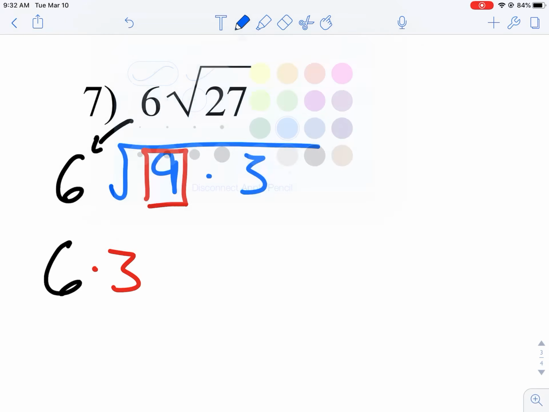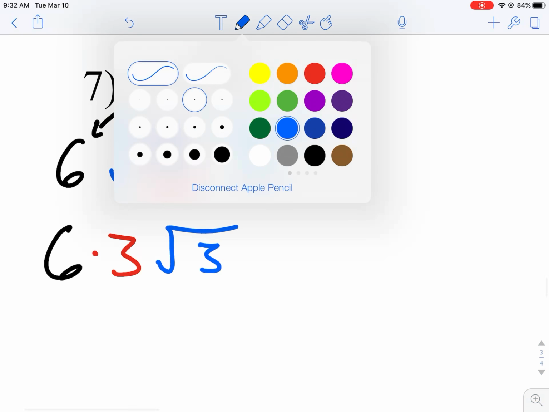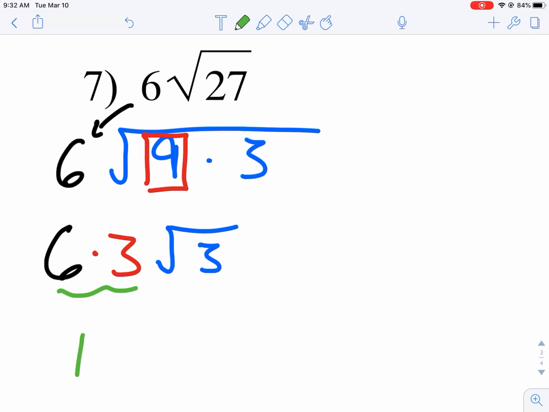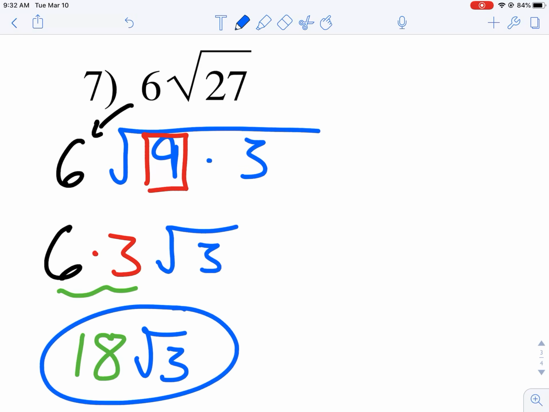And then I'm still left with the square root of 3. And then 6 times 3 is 18. So that gives me 18, not 16, 18 square root of 3 as my answer. So whenever you have a coefficient in front, you break down the square root like you normally would. It just multiplies to whatever that coefficient is.